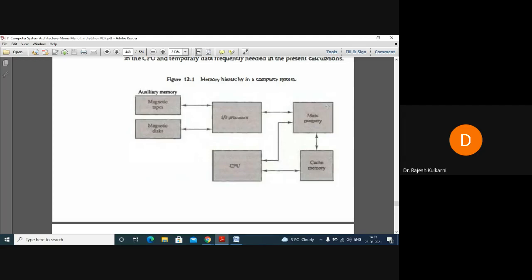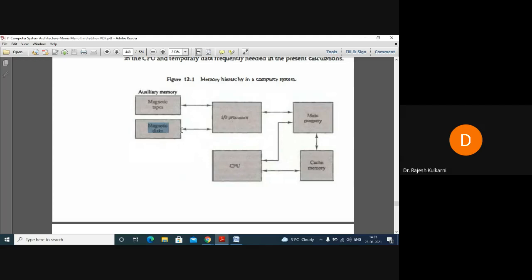Now, there is a difference in the speed of CPU and the main memory, so that makes the CPU remain idle for a lot of time. To avoid that idleness, there is a cache memory which is kept in between the main memory and the CPU. So the program was stored where? In the hard disk.